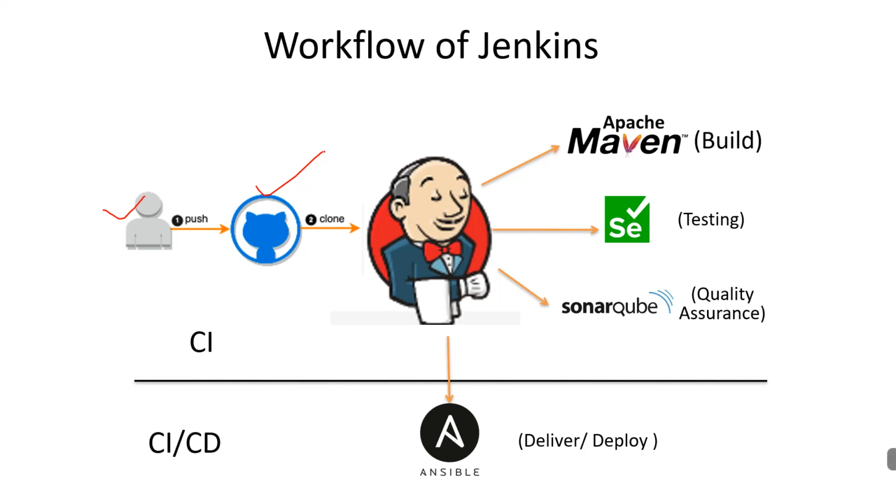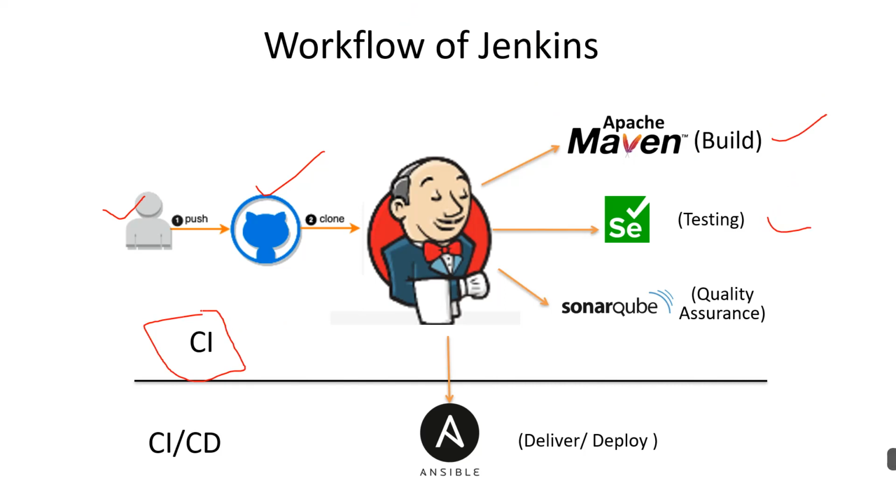First thing is build, and this is the test. This process is known as CI, continuous integration. I have already told you, CI is a combination of build and test.